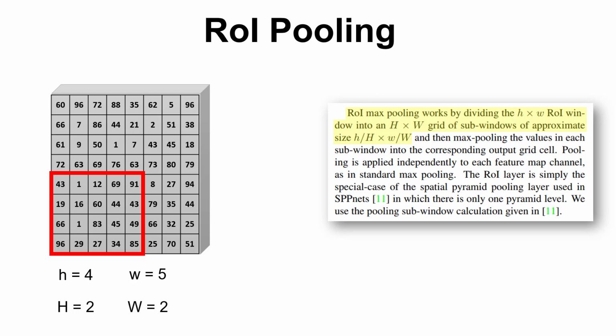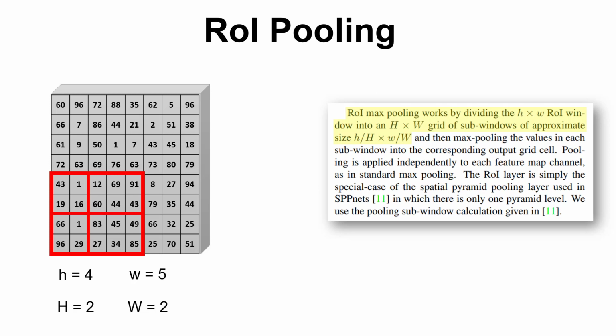Our goal is to crop regardless of the input size and have a final output which has height of 2 and width of 2. The way we do this is that at first we divide the height, which is 4 divided by 2, which is 2. So we draw a horizontal line, and now every sub-window's height is 2. Then we divide the width, which is 5 divided by 2, which is 2.5, and we round it to 2. Then we draw a vertical line, and now every sub-window's width is approximately 2.